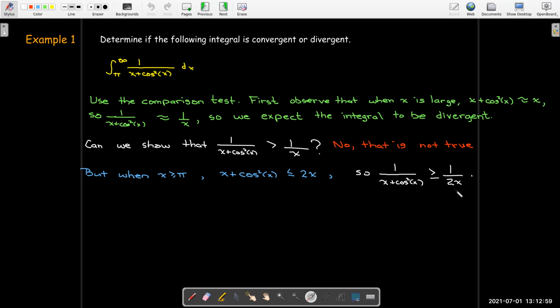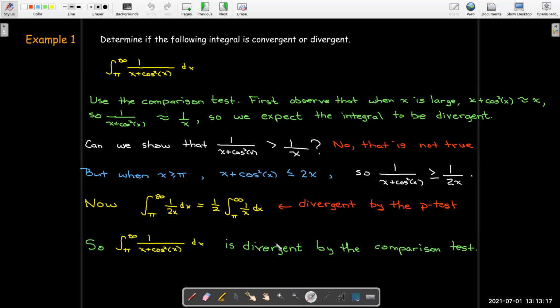Well, how does that impact our p-test? Well, 1 over 2x means I can factor out 1/2. What's left over is an integral where I can use the p-test, and we know it's divergent according to the p-test.